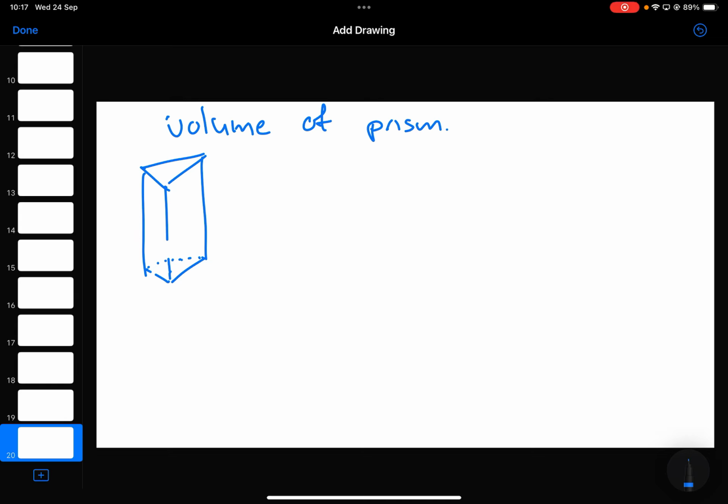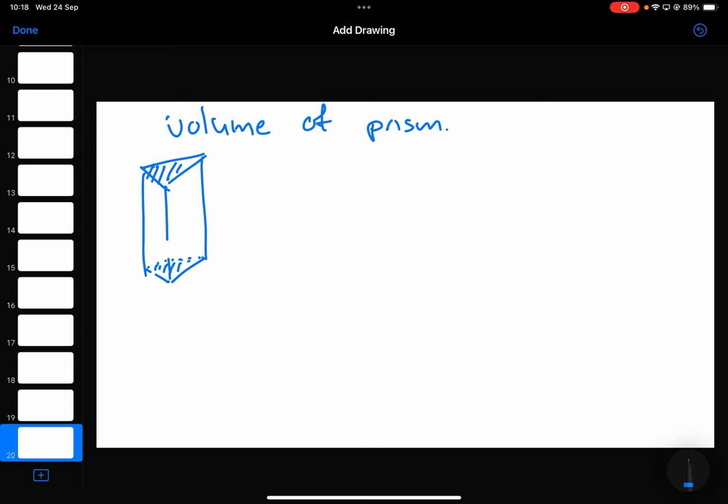Volume of this prism means the total space inside this solid three-dimensional object. So how do we find this amount of volume that is inside? I told you all before, if you have a prism, the two ends are the same.